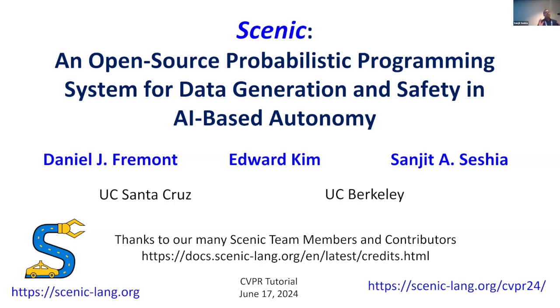So I want to start by setting some context here for the next 25 to 30 minutes for why we created SCENIC and what sort of use cases it enables.